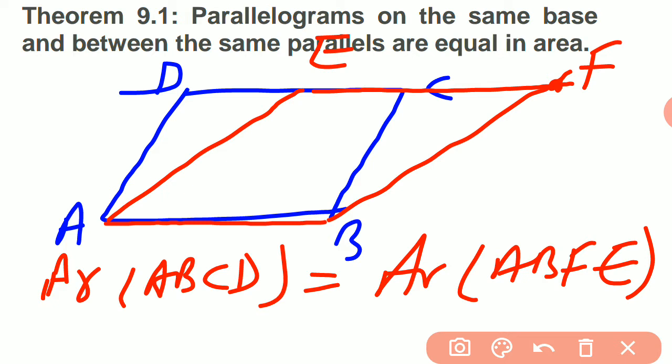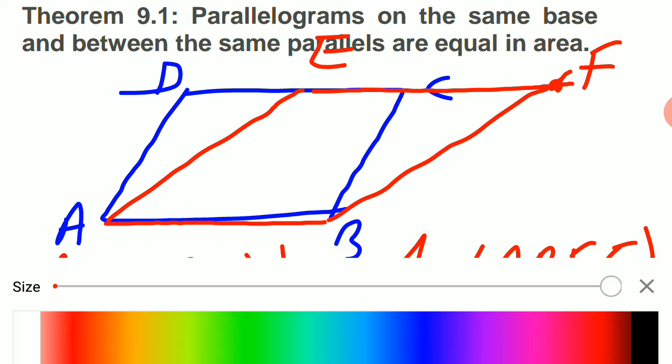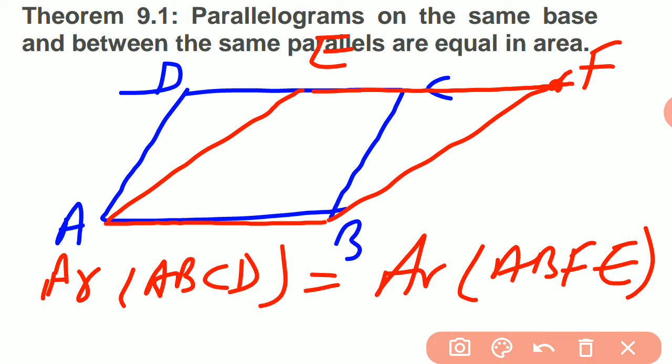To prove this, we will prove that these two triangles are congruent, this triangle and this triangle. To prove this, we will write this angle is equal to this angle, angle 1 equal to angle 2, corresponding angles are equal.